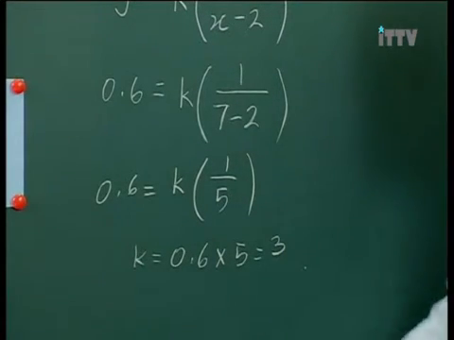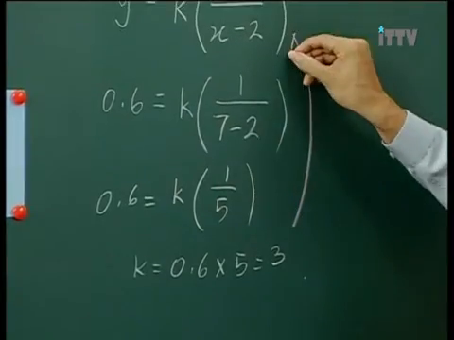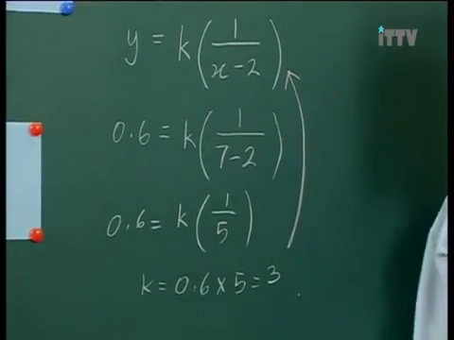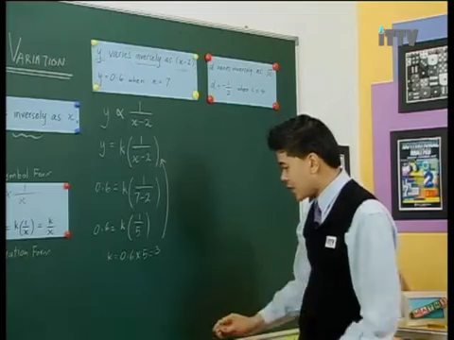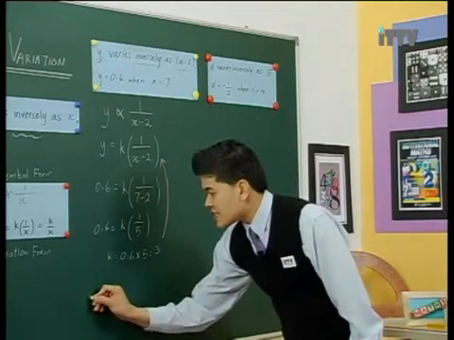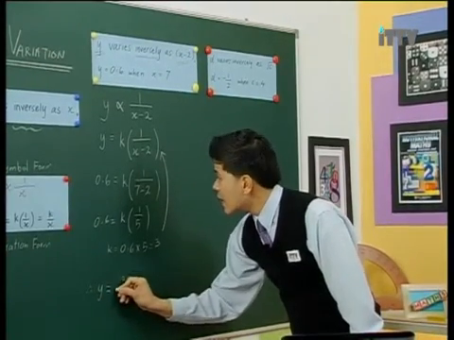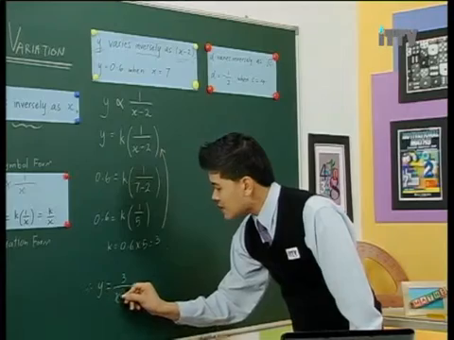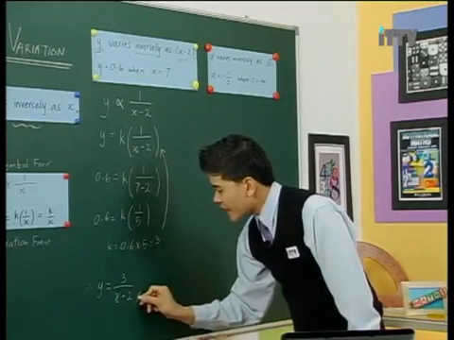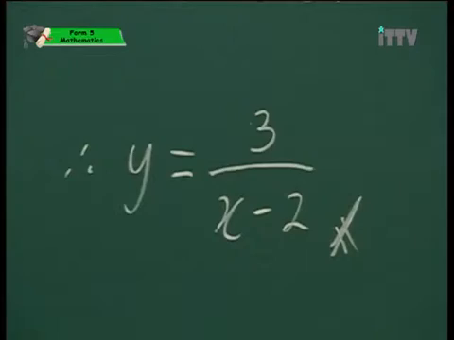And remember guys, k must always be inserted back inside the equation, because your equation is not complete unless you find the value of k. So now, since k equals 3, y equals 3 over x minus 2. And this is the equation relating y to x.